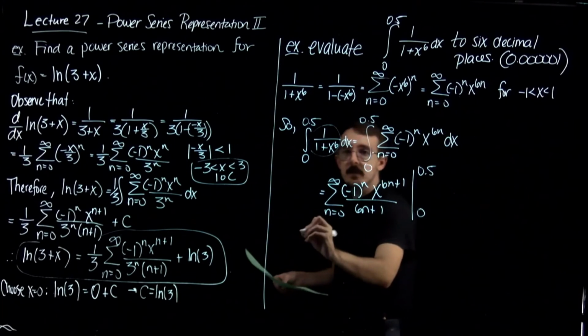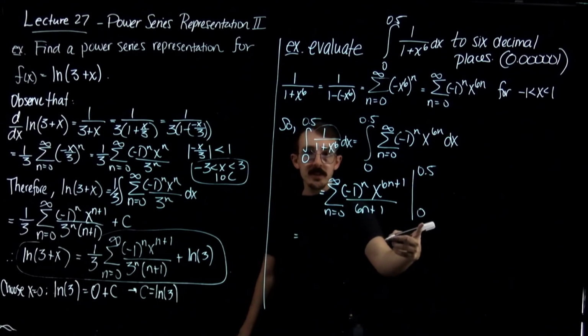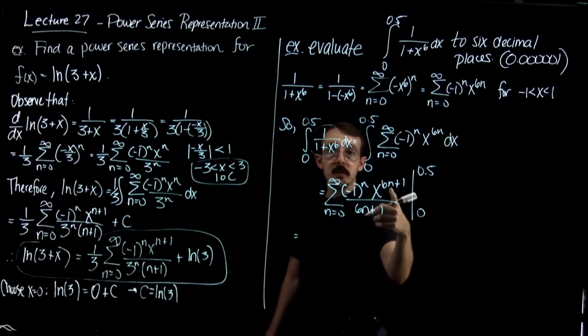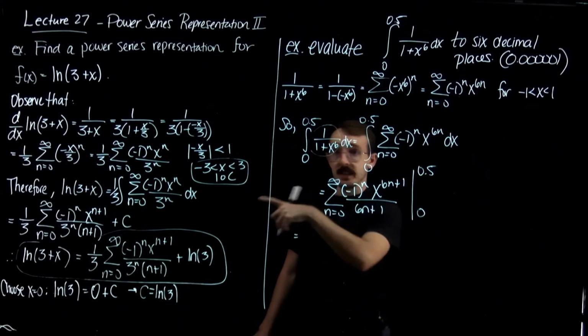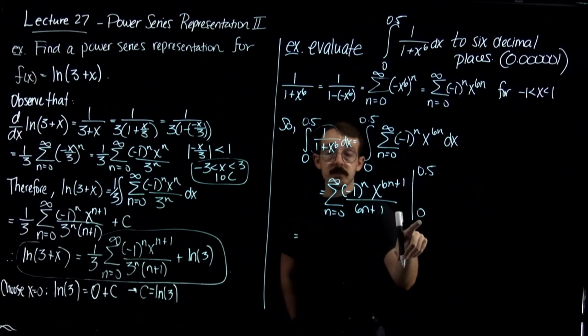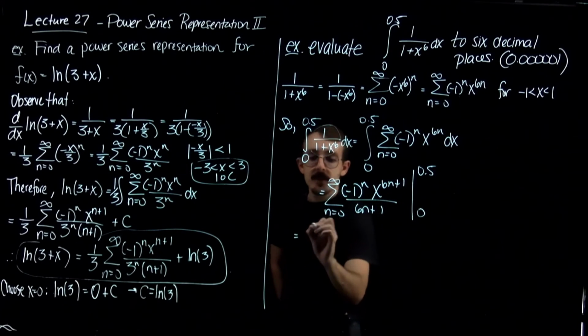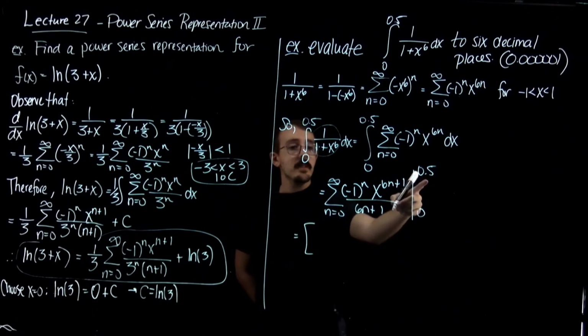So what is this equal to? Well, if you plug in 0 for the lower bound, no matter what term you're on, it's the 0 series again, just like I had over there, 0 plus 0 plus 0. So the 0 doesn't play into this at all. It's just this 0.5. So the first thing I would do is plug in 0.5.